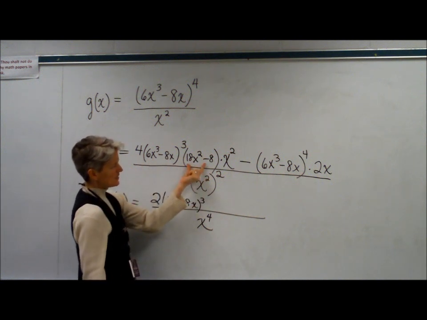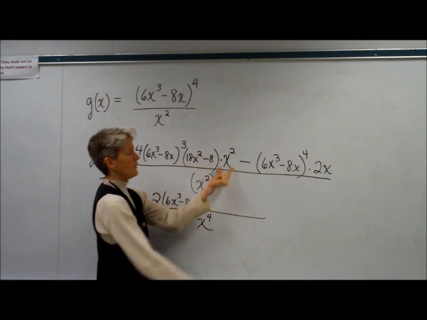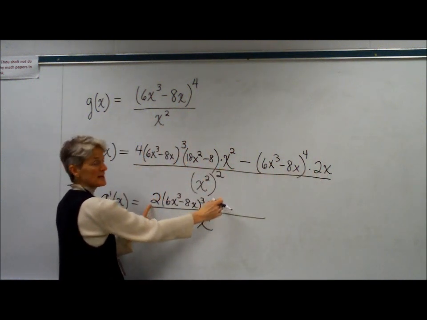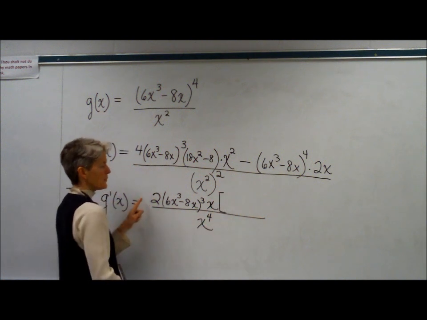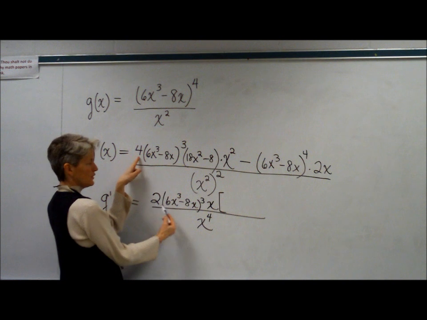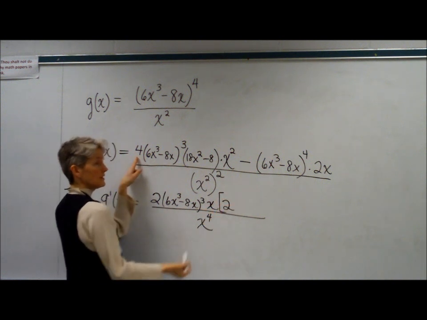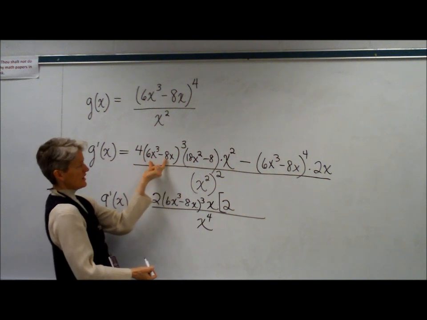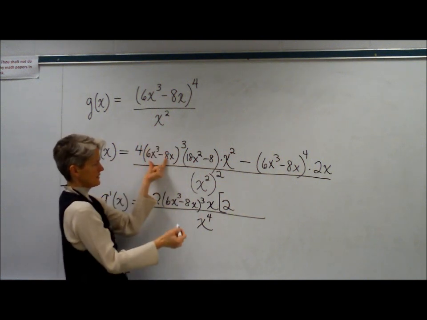Let's see. That doesn't look like it's in common. Oh, they both have an x in common. So that's what I'm pulling out of both. Let me put a big parenthesis to write the leftovers. I divided out a 2, so this 4 divides by 2 to give me a 2. I took out all of those, which is great.